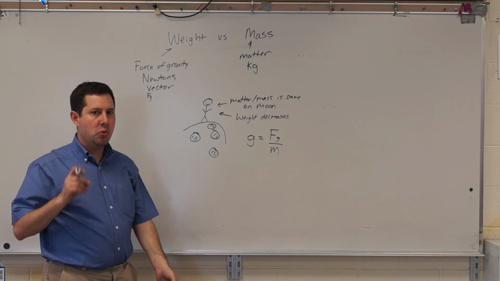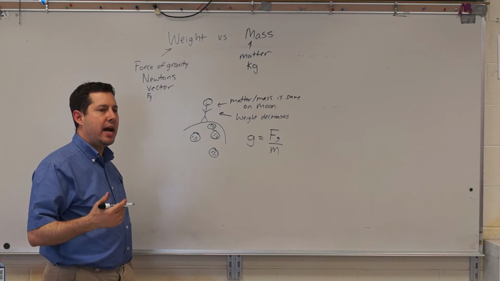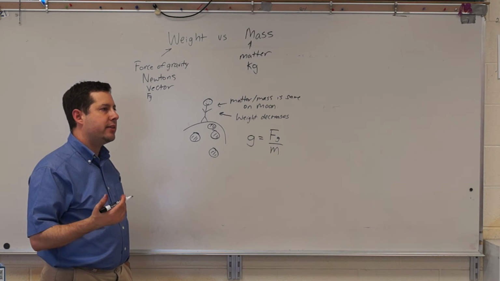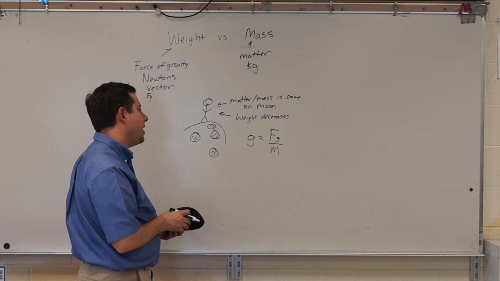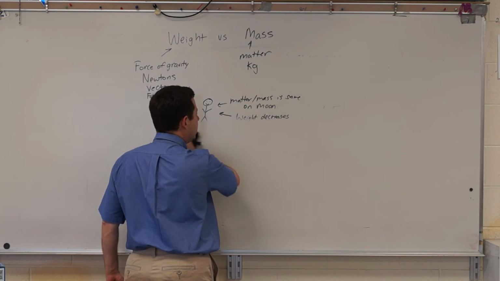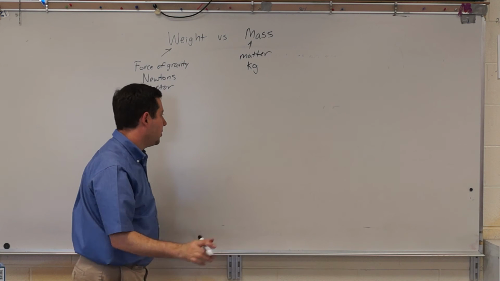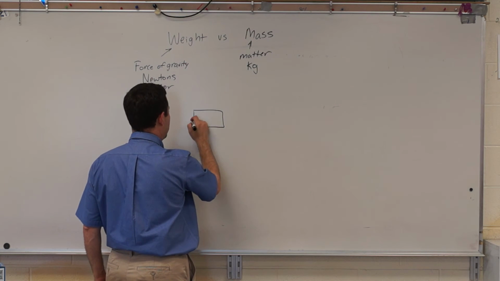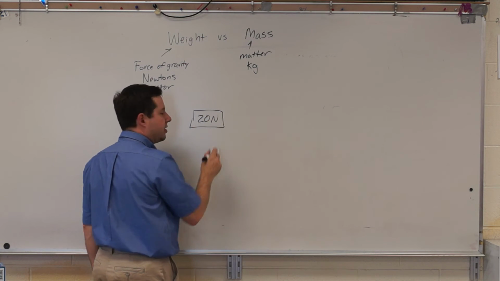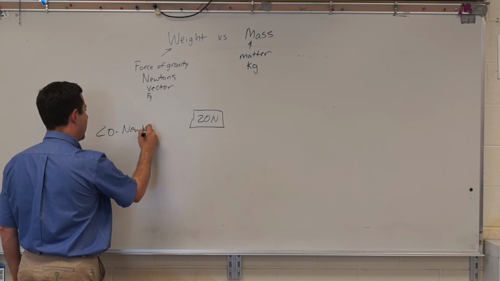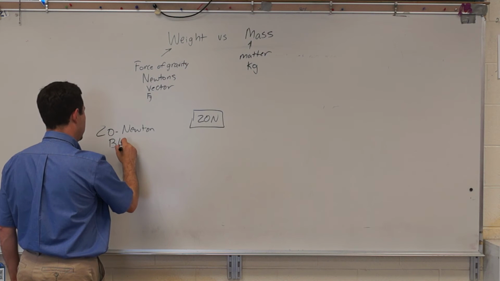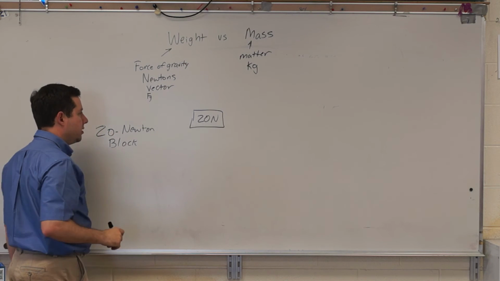So how do you know, when you see an object, whether you know its mass or its weight? And sometimes whether you need to find the other one or not. Well, I'm going to draw a free body diagram of an object here. And you often see things described as a 20 Newton block. I love talking about blocks, right?